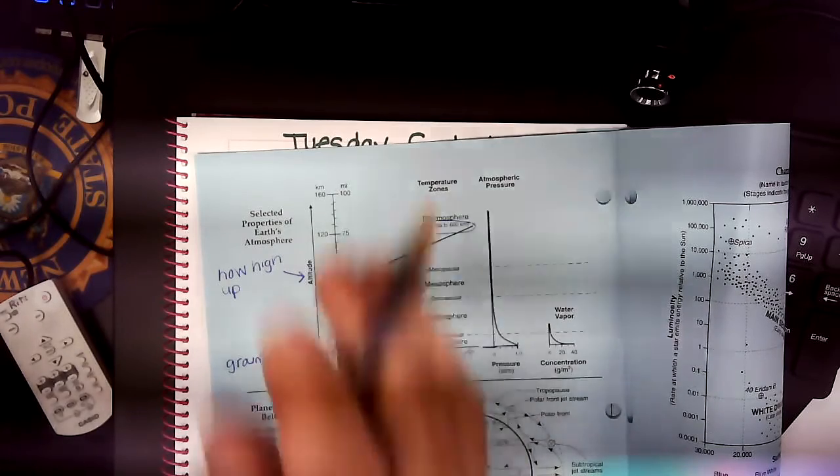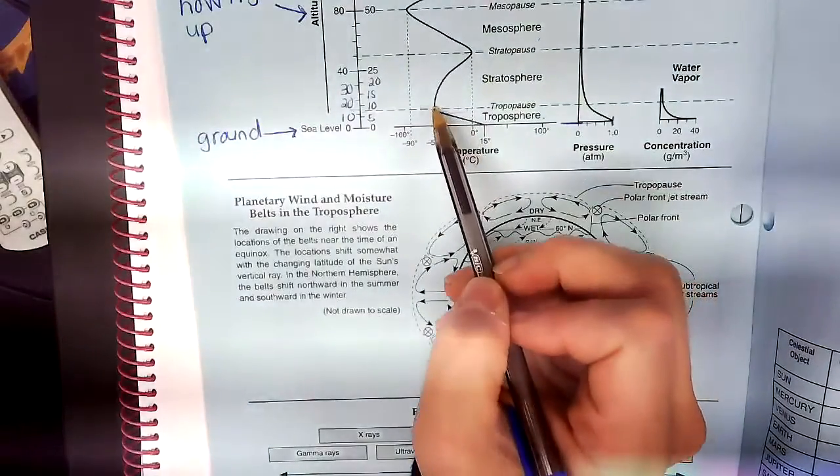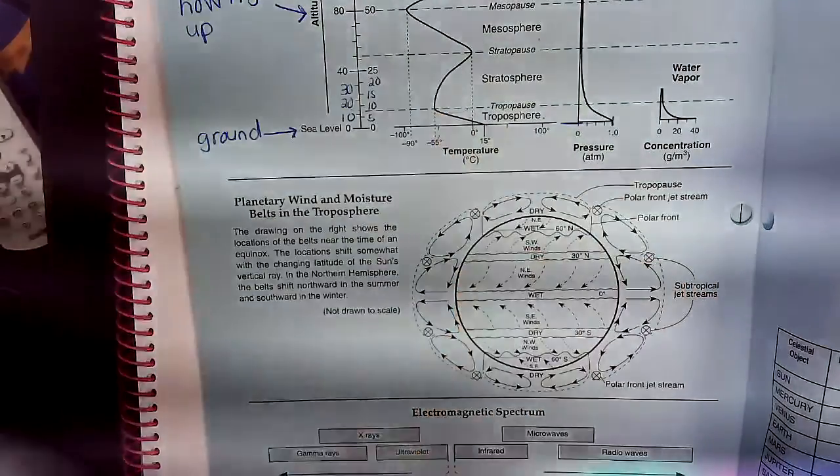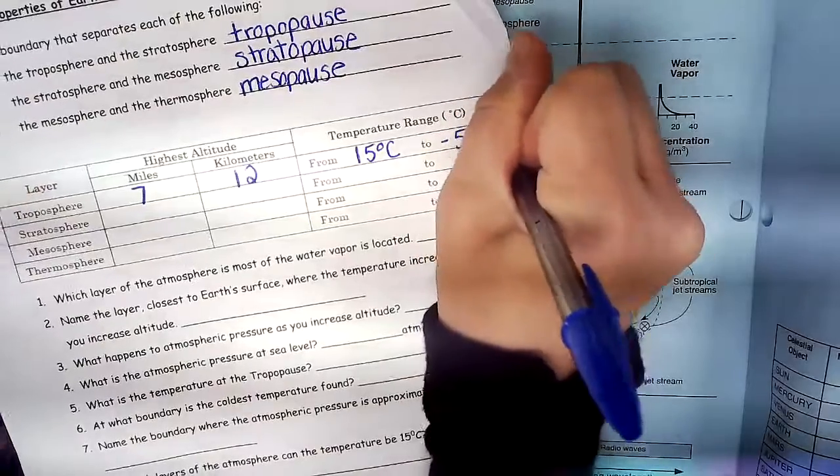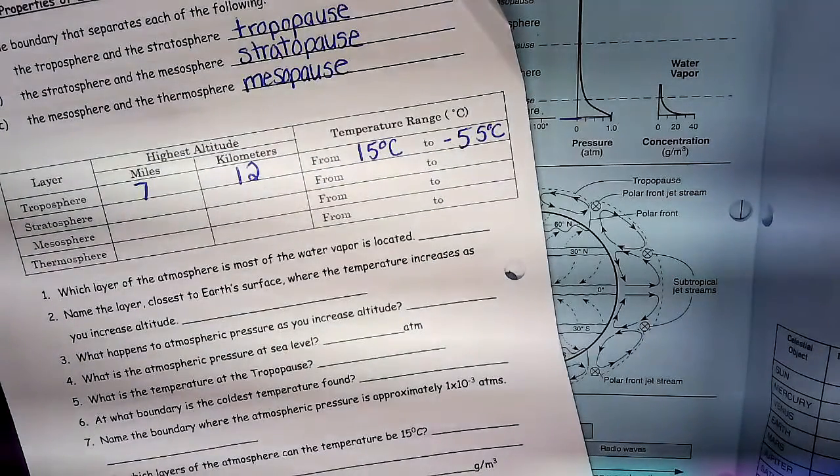Now notice, oh, you cannot see that, sorry. So notice they even gave you these dotted lines, so you don't even have to estimate. So the troposphere at the ground starts at 15 degrees Celsius, and by the time you get to the top, it gets to -55.